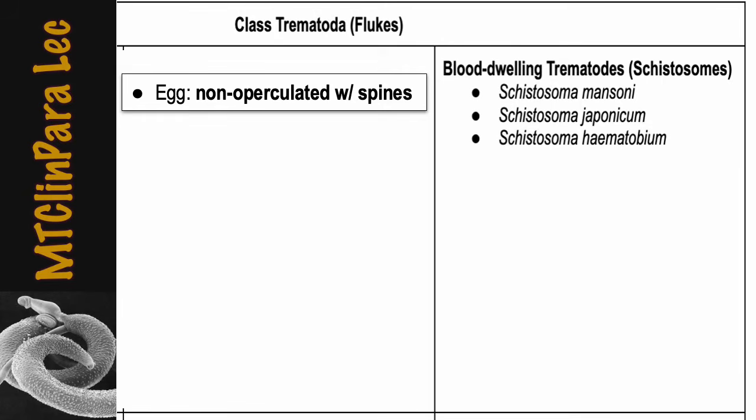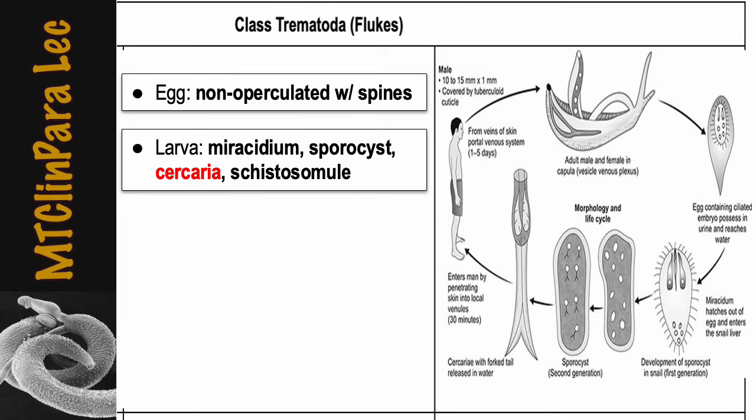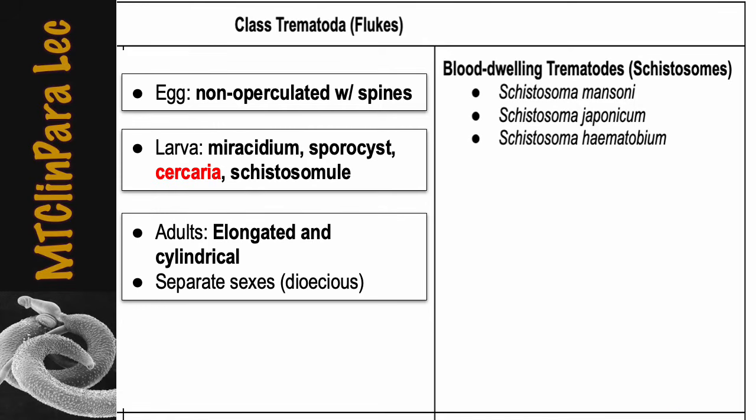In terms of their larva, we have 4 larval stages, with cercaria being the infective stage of the parasite. Your schistosomule, on the other hand, is the larval stage present in the human host. Next, in terms of their adults, unlike the normal trematode fluke, which is leaf-like, schistosomes are elongated and cylindrical, just like a normal worm.